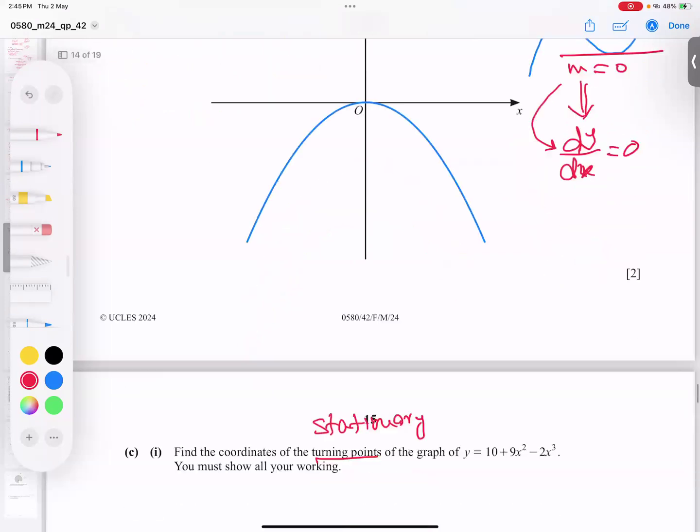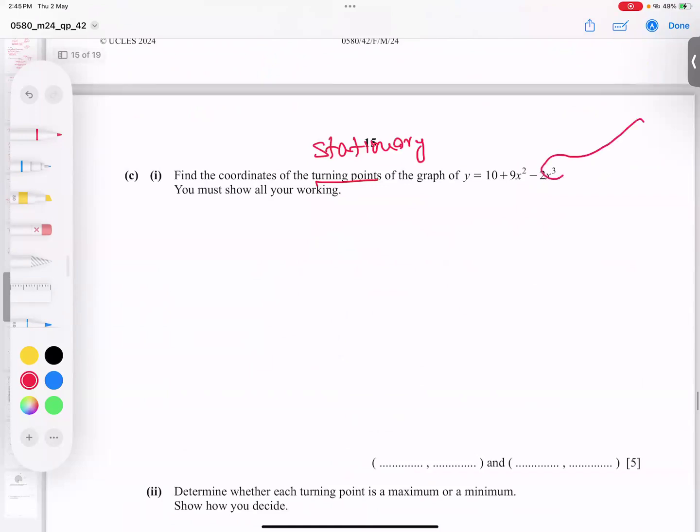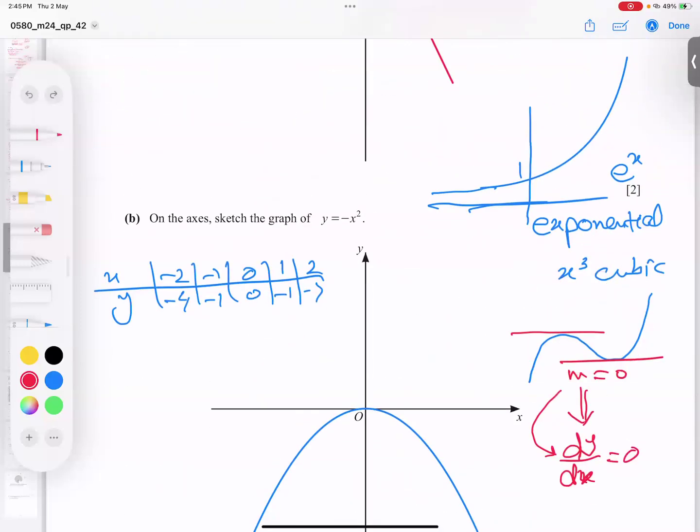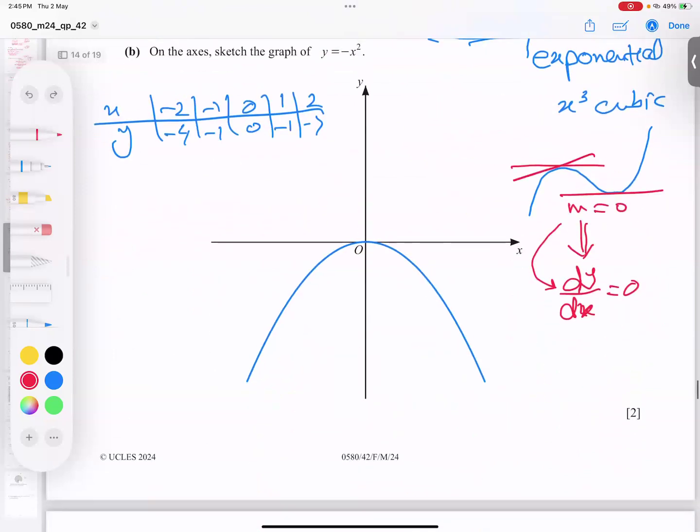So what is the technique to get it? Because power 3 is there. If the highest power is 3, 100% it has two turning points. This time a negative sign came. If a positive x cube comes, we have this kind of graph. If a negative x cube comes, we have this kind of graph. So it becomes like this. I hope you understood. This is a negative x cube.